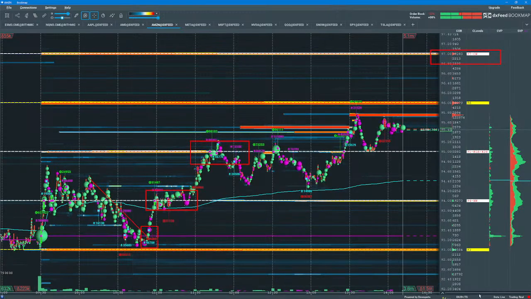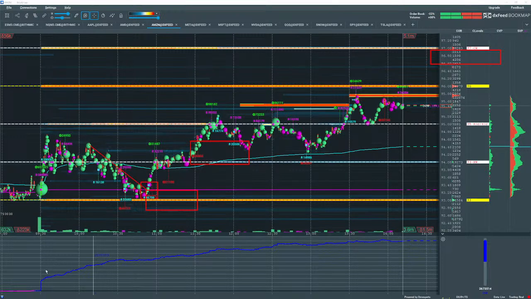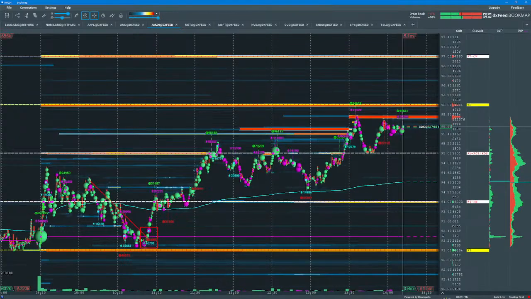And we can confirm that by looking at this cumulative volume delta. Note the steady increase in cumulative volume delta. This is definitely bullish order flow, and in the morning it was confirmed by bullish hedging flow.